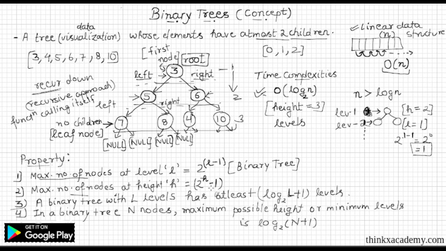So these are the 4 most important properties that you will have to remember in case of only binary trees, and using these properties you can get the maximum number of nodes or levels. So this is all about binary trees.